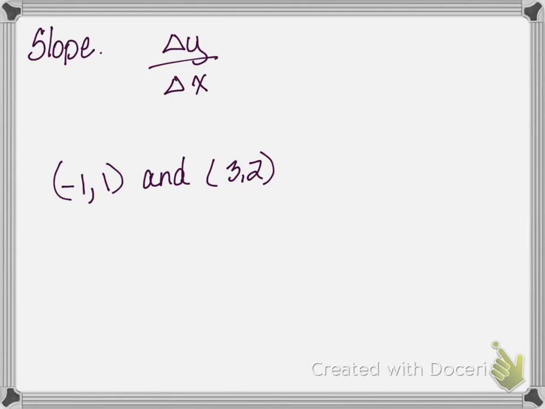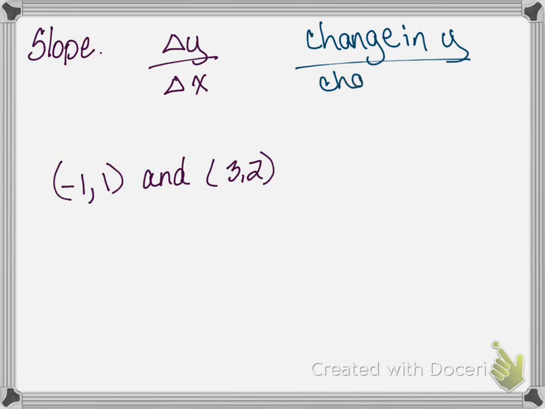This particular one is my favorite. Okay? The triangle means the words change in. Okay? Change in. So for slope, we are looking at the change in y over the change in x. Okay?